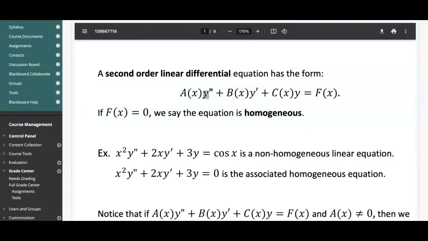How do we do it? Remember, we use another variable to substitute for the second derivative, right? Then we use another variable to substitute for the first derivative. Then the second order becomes the first order of a new variable, right? That's how we solve.